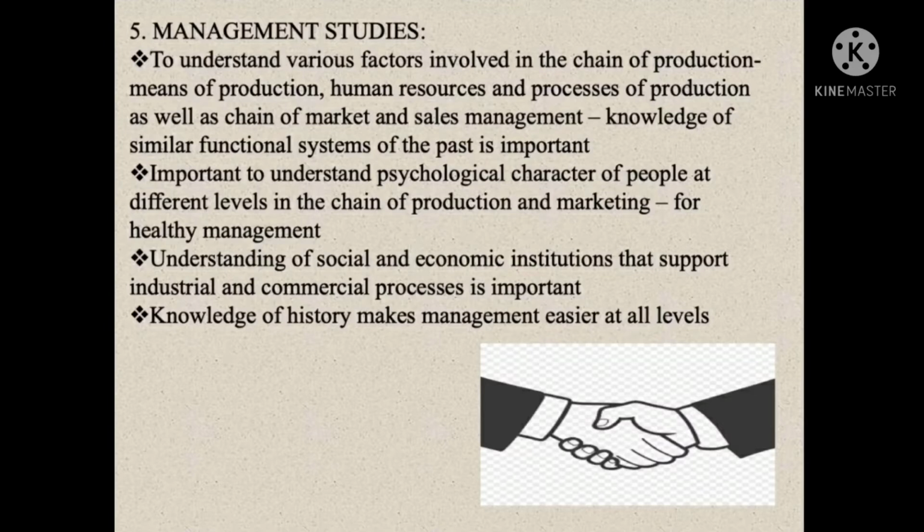Human resources also is one of the chain of production, that is labor. So we have to understand similar processes that took place in the past, as well as the chain of market. Now, what does chain of market mean?